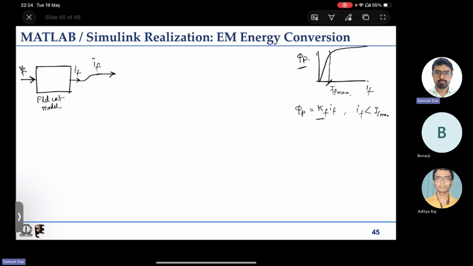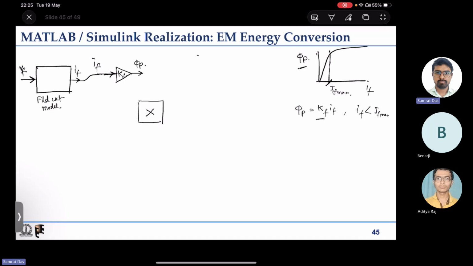So this if will directly go, and let us have a product thing. if is basically multiplied by this kf to get the flux per pole.